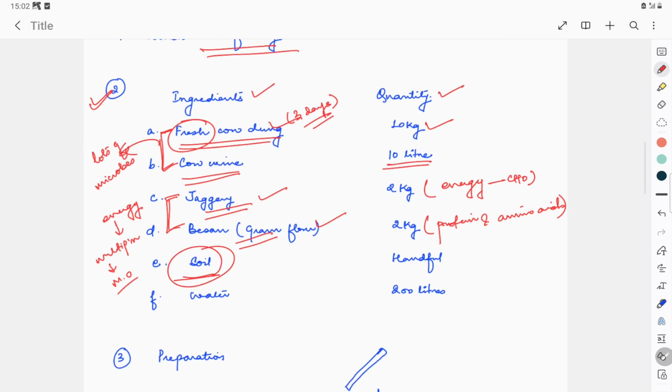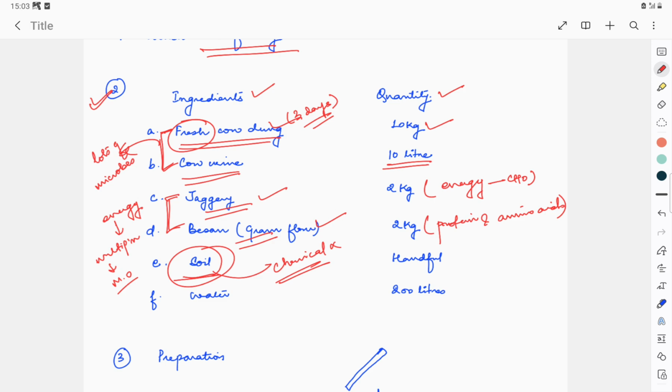Soil. Now, what kind of soil? The soil should be one where you have not used any chemicals whatsoever, so that the naturally native microbial diversity, the biome, would be there. We need that. It acts as an inoculation, right?